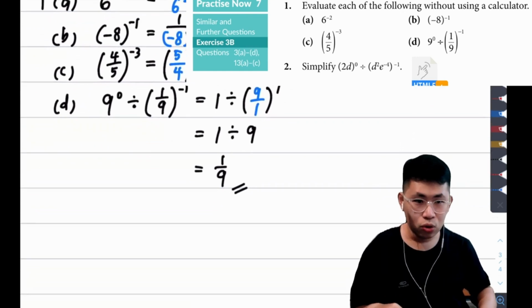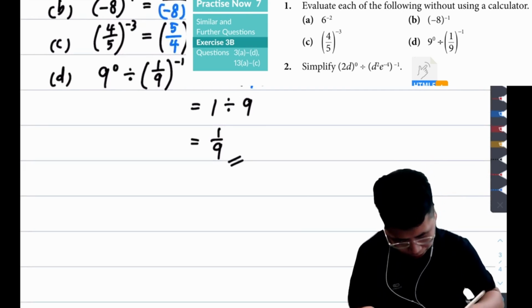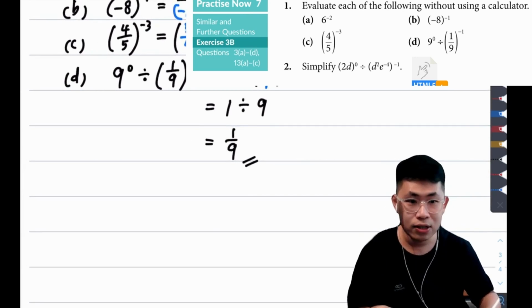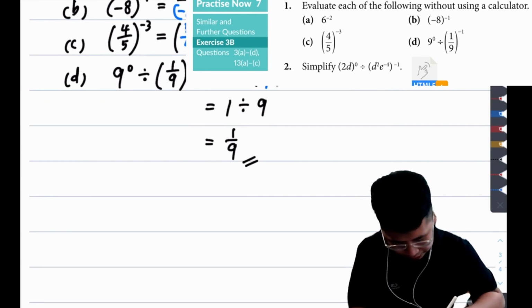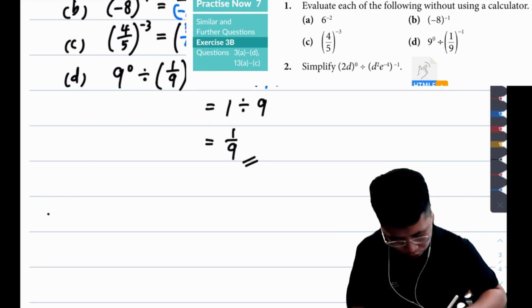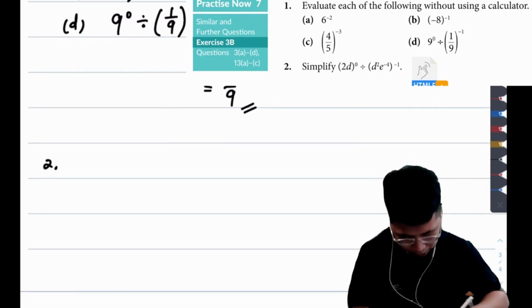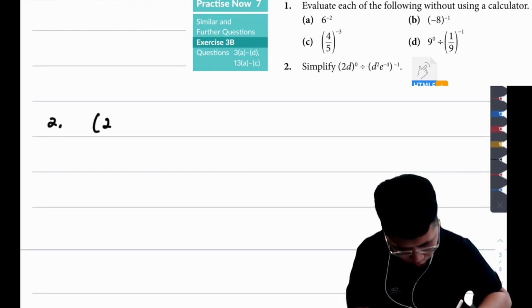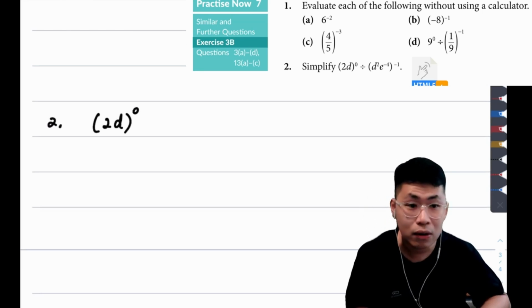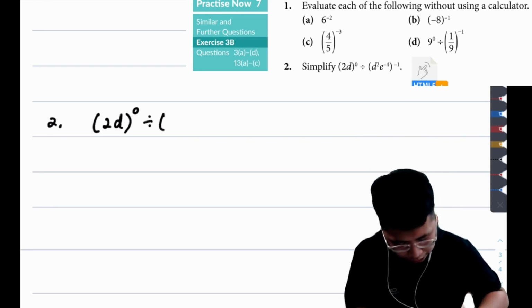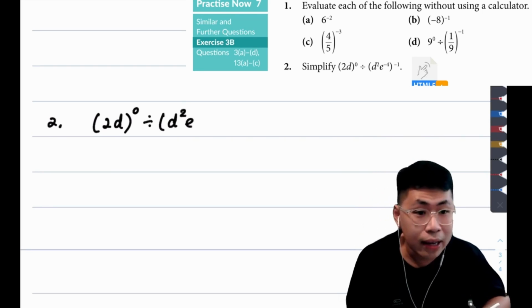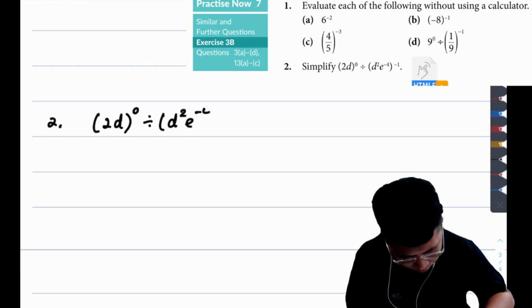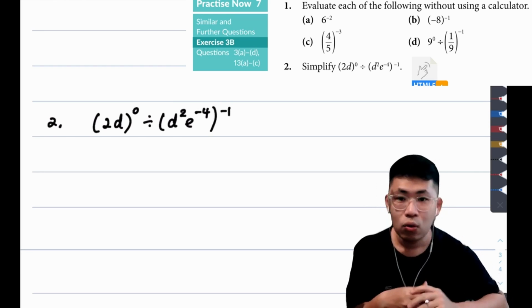And for number 2, we are going to apply a little bit of our laws of indices to determine this. So for question 2, we have 2d, whole thing to the power of 0, divided by d squared e to the power negative 4, to the power negative 1.